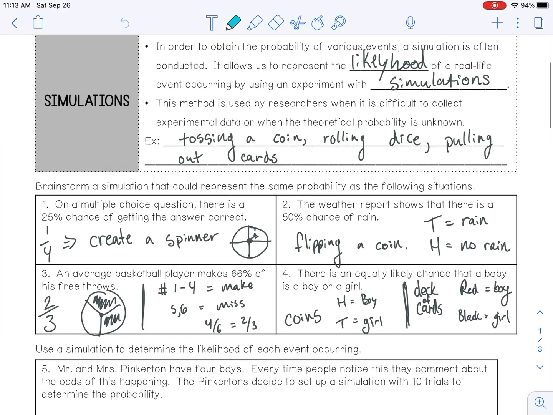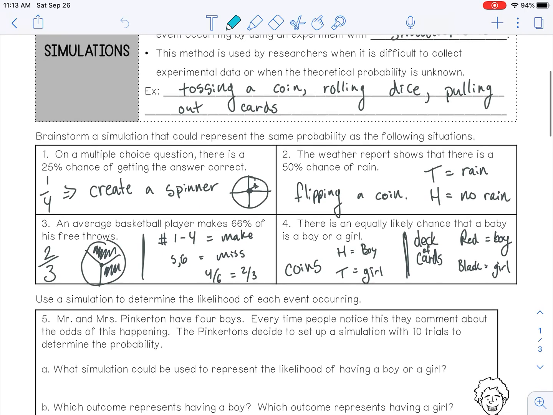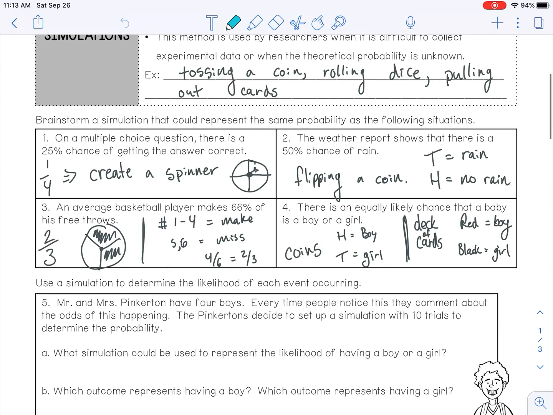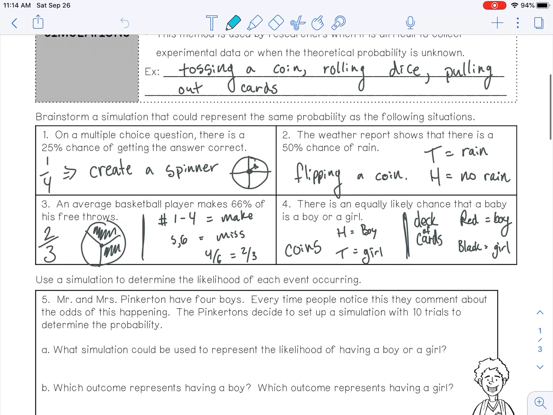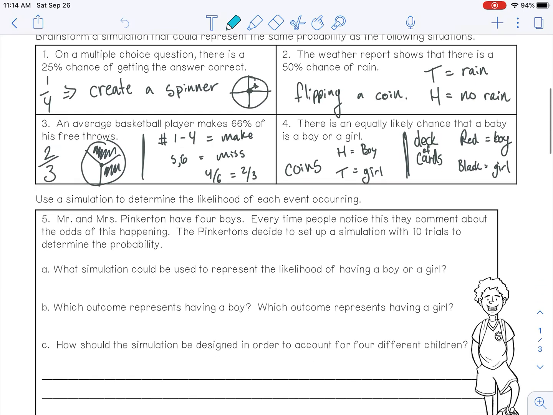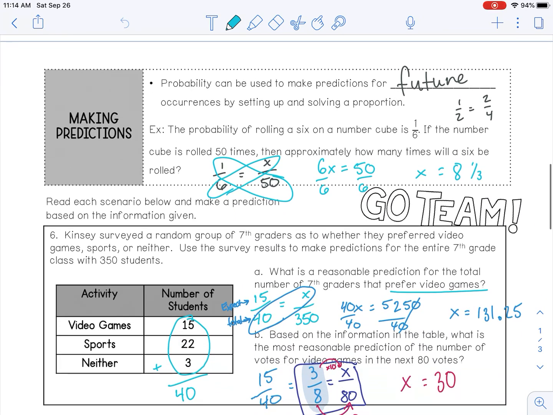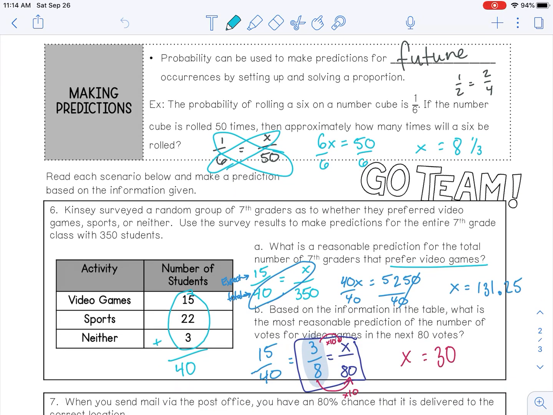So running a simulation, we talked about creating your experiment and how you'd be able to recreate it using things that we have some prior knowledge on, tossing a coin, rolling dice, pulling cards, making spinners, right? So we've done these examples, and we talked about making predictions by setting up a proportion where you have your total over expected, right? And so I switched that up, expected over the total.